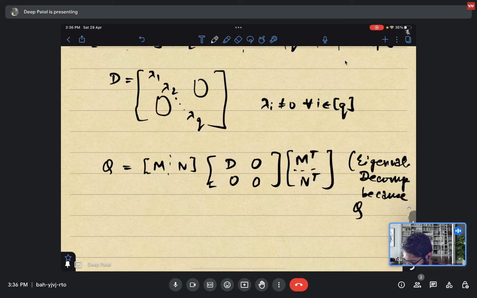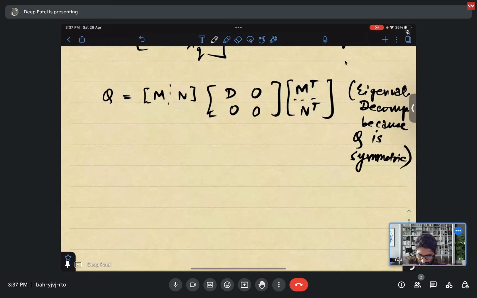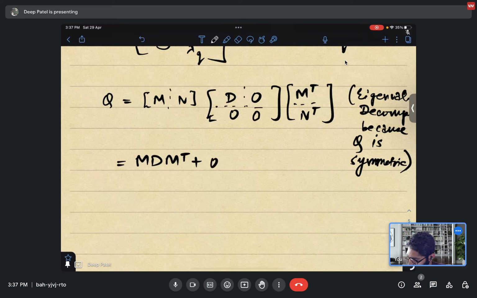Because Q is symmetric. Right, so what will this be? You can just treat them as vectors, and these are just simple matrix vector products.